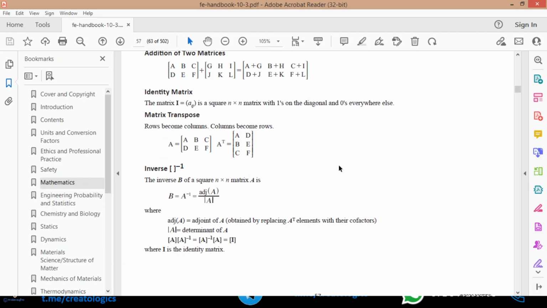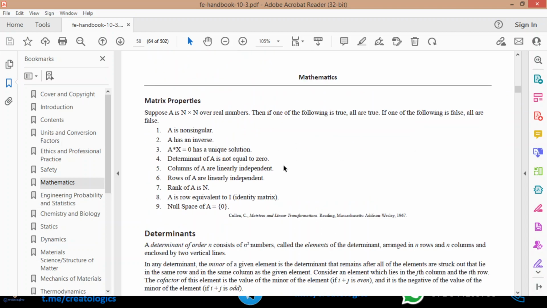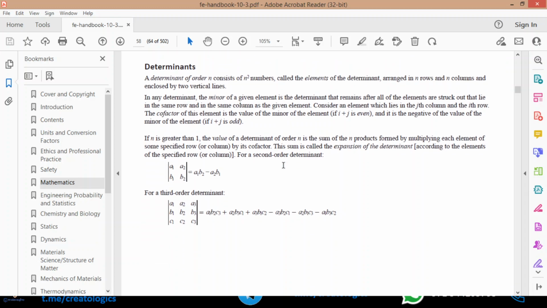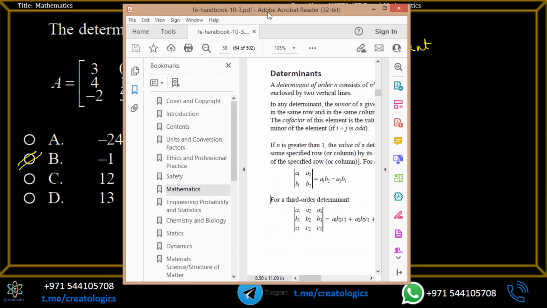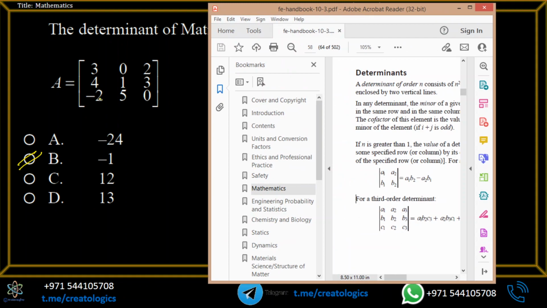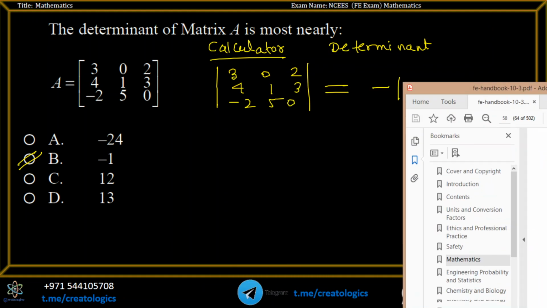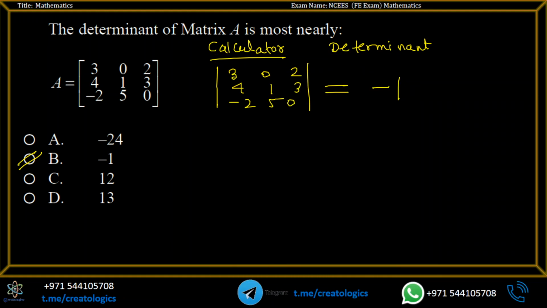The inverse, matrix transpose, everything is also provided in the handbook. See, here it is, the formula for solving a third order determinant, right? You already have these values in your question. Elements are given 302, just use those elements here and you can get your answer. Okay, but use the calculator, more efficient.